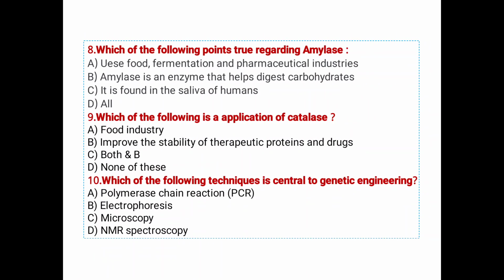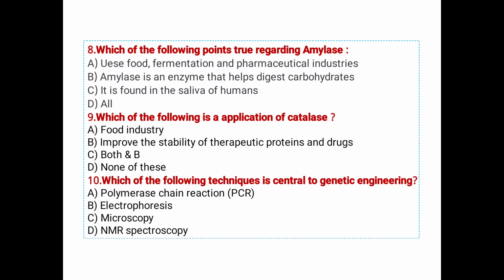Next, which of the following points is true regarding amylase? A, amylase is used in food fermentation and pharmaceutical industries. B, amylase is an enzyme that helps digest carbohydrates. C, it is found in the saliva of humans.